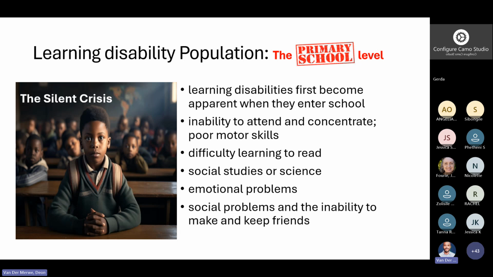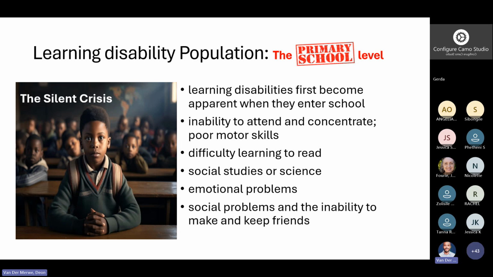But we also understand why intervention is important at that level, because emotional issues also can become part and parcel of the reality of the learner as the learner grows older, because they become aware and concerned after having repeated failures.